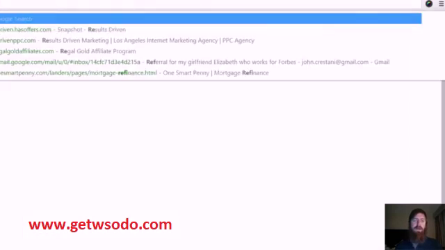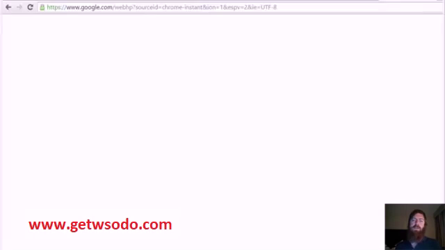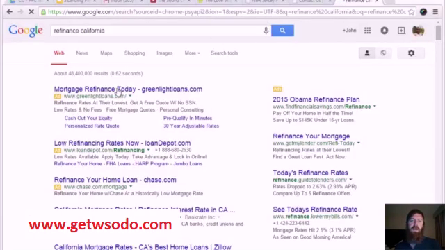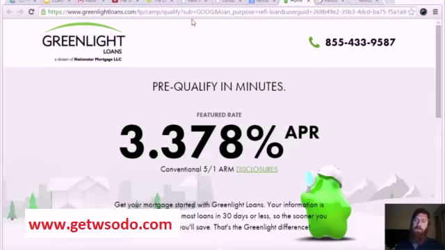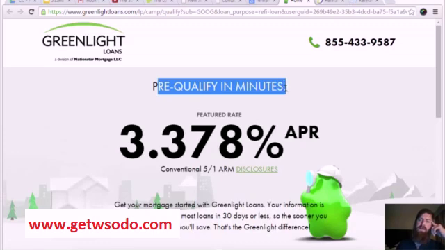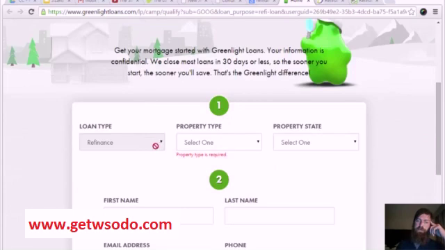If we look at Refinance California, let's look at some landers in the mortgage niche. Usually we see some multi-part landers. So let's let this load for a second. Okay, so we saw some things pop up now. Pre-qualify in minutes, featured rate. So this is actually really poor ad copy right here.